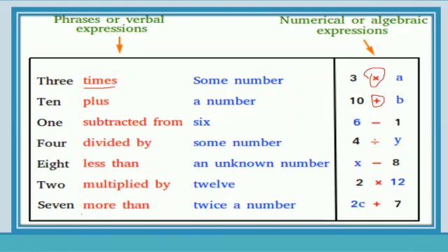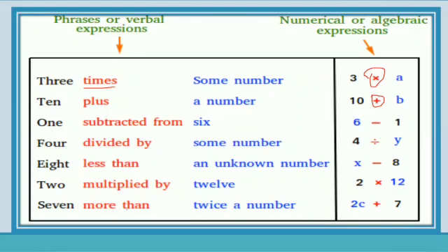And last is 7 more than twice the number. Here it is given twice the number. Whenever words like twice, thrice, 4 times, 5 times are given, you will first multiply the number that many times. Here it is given twice. That means you will write 2 times the number, that means 2x or 2y or 2a or 2m or 2c.